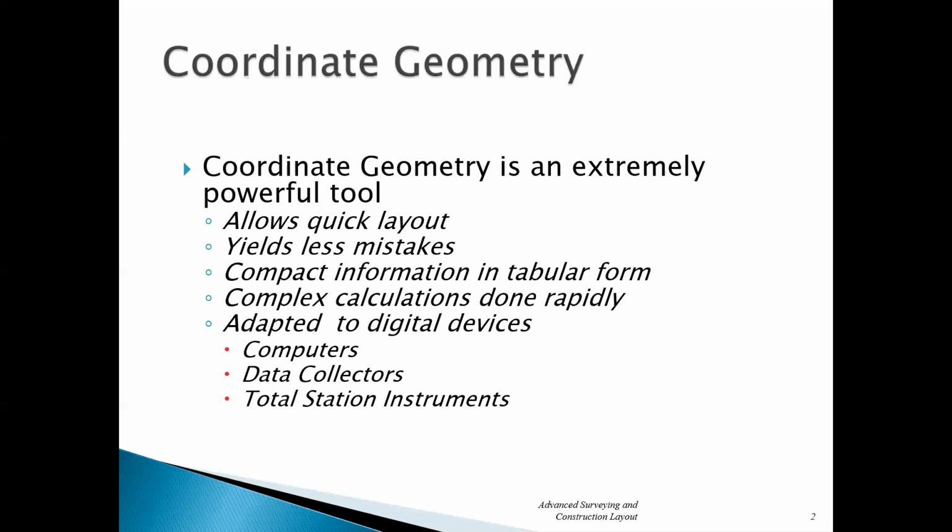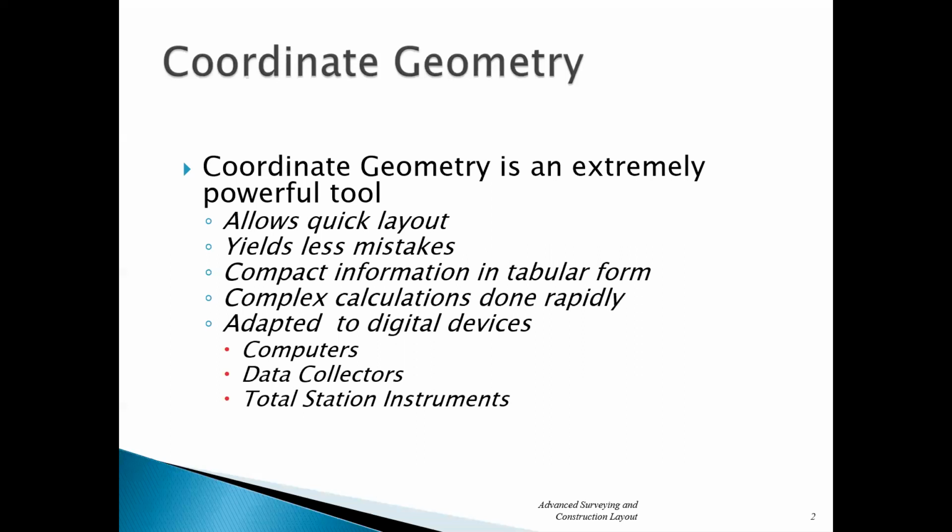Data collectors, we're going to talk about data collectors later on in the semester. It's basically a smaller version of a handheld computer. They're fairly sizable, some of them, but you can actually get them not much bigger than a cell phone nowadays. They interact with your instrument, and your instrument will feed information to the data collector and vice versa.